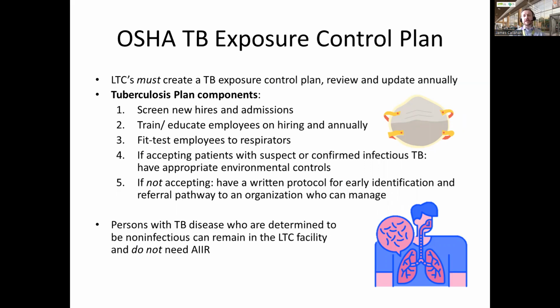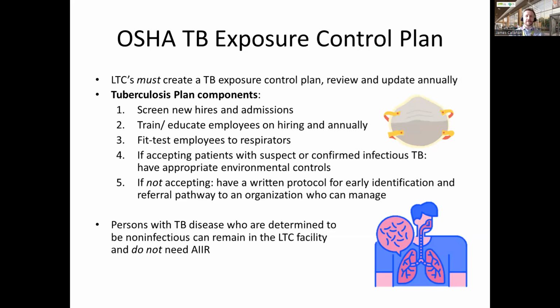So let's use a little bit more regulatory language and discuss how long-term care homes must create a TB exposure control plan and review and update it annually. So the plan must have components that cover screening new hires and admissions, training and education for employees on hiring and annually, fit testing employees for respirators, and if your long-term care home is accepting patients with suspect or confirmed infectious TB, your home must have appropriate environmental controls.